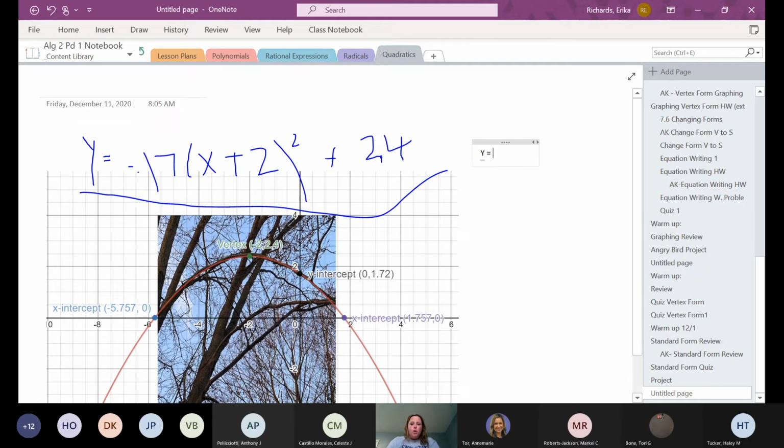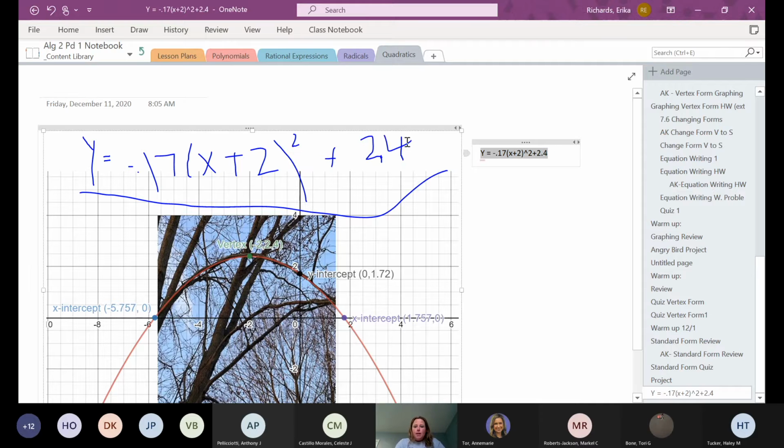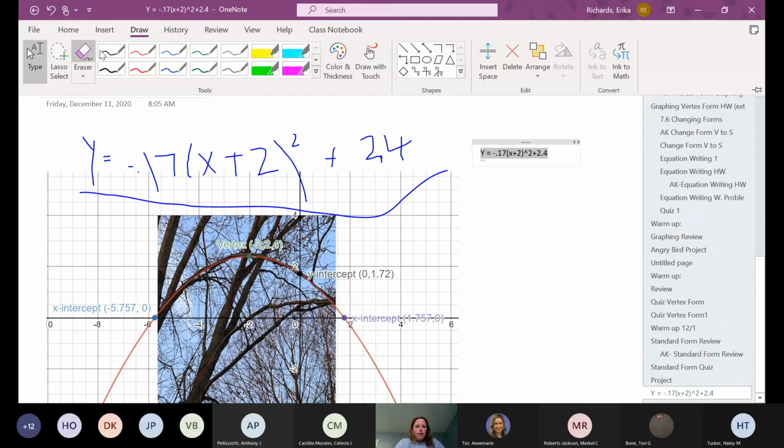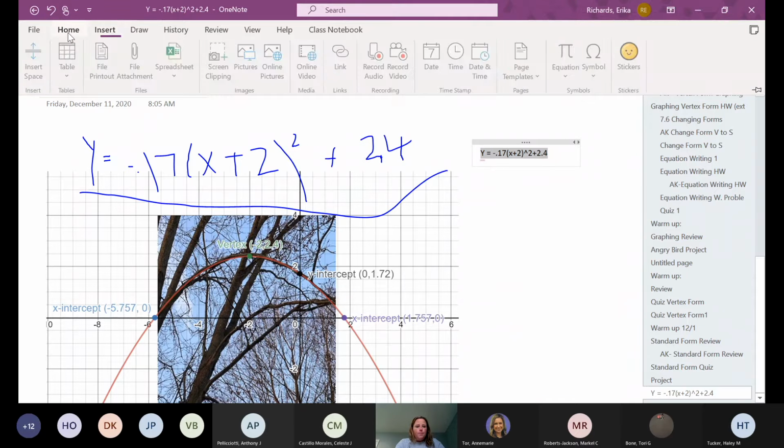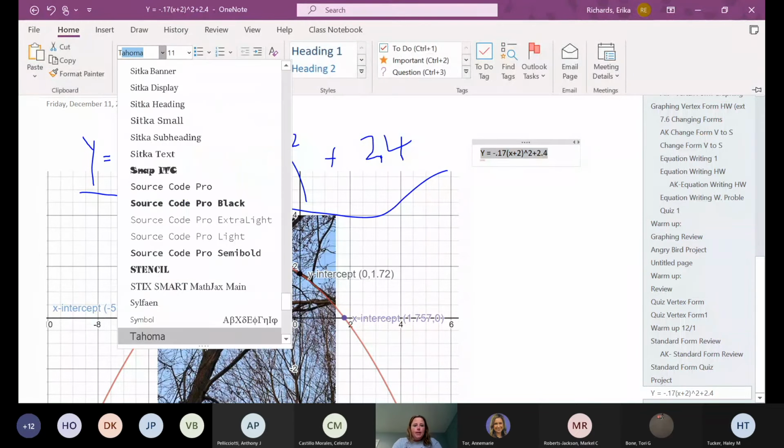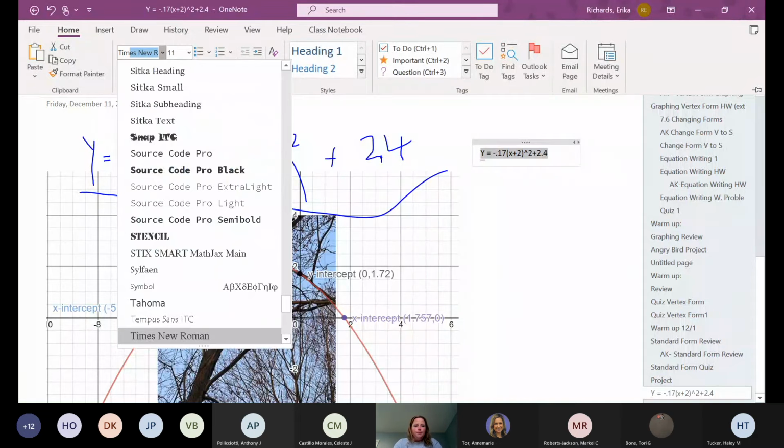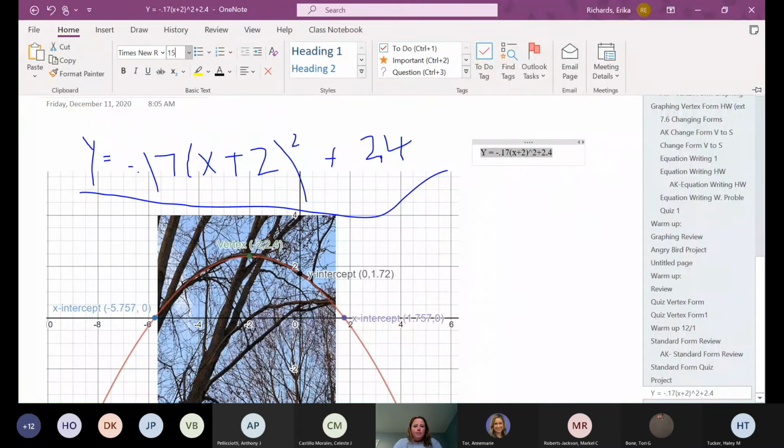But I can say my equation is y equals negative 0.17 times (x plus 2) squared plus 2.4. Okay. I'm going to make that nicer writing. I'm going to make that Times New Roman. I'm going to make it 15 font, 30 font, right?